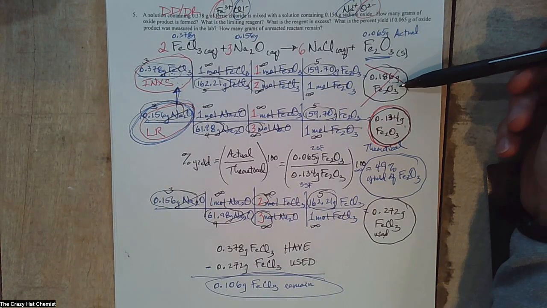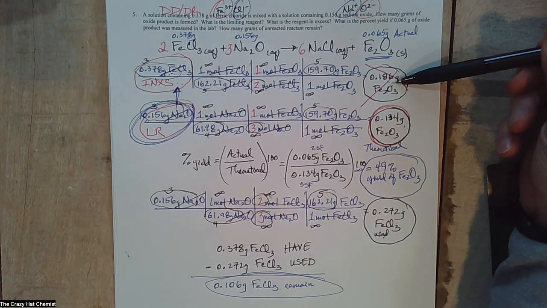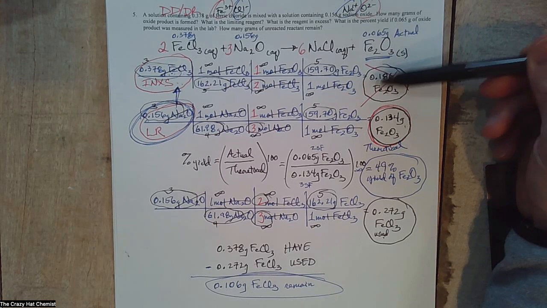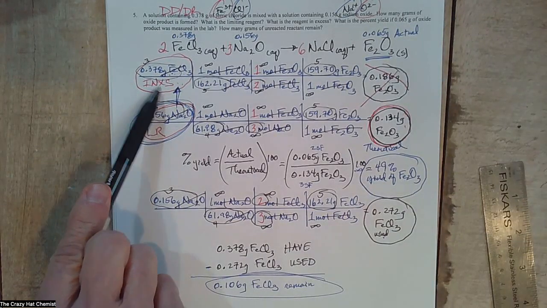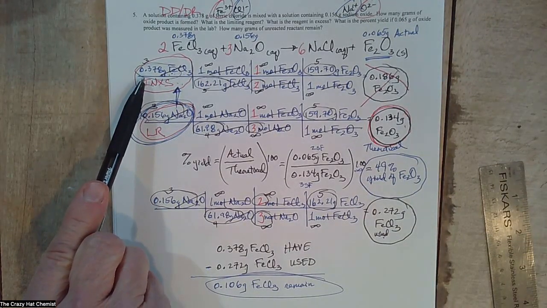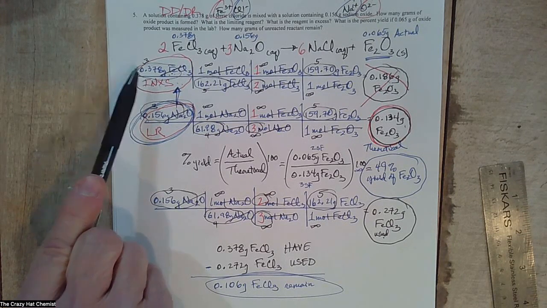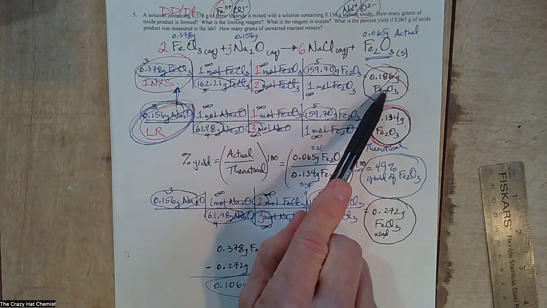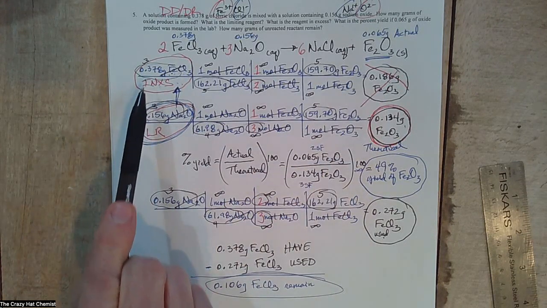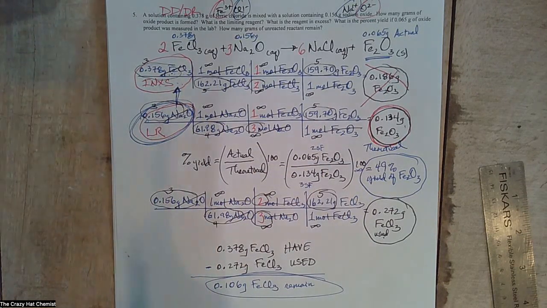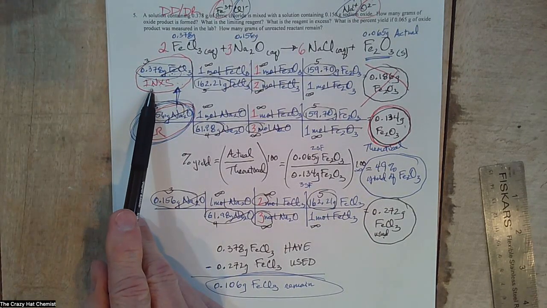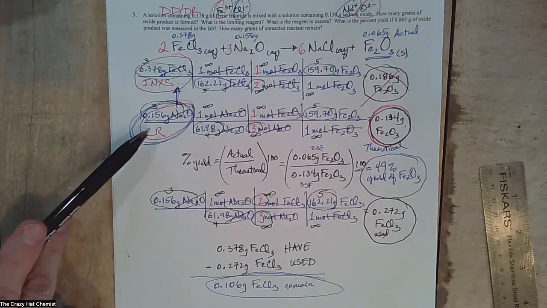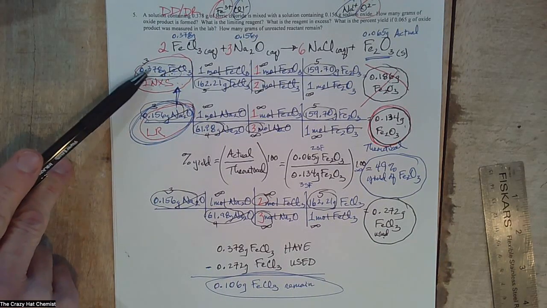Then the other number that I crossed out, the reactant for that one is right here, and since I crossed it out, that reactant is the larger one, in excess. Then what you do is you take your limiting reagent and convert it to the one in excess.